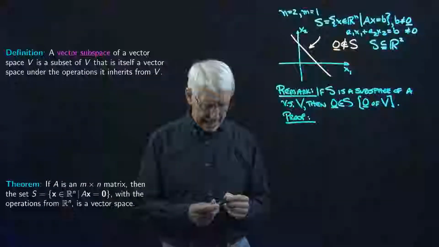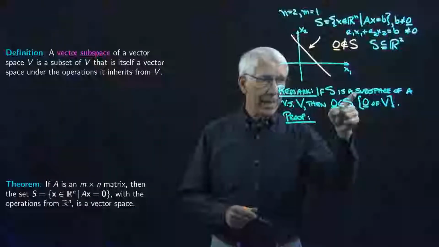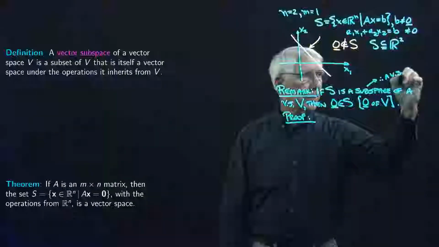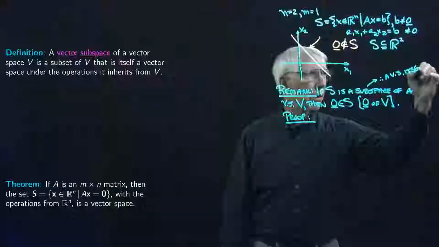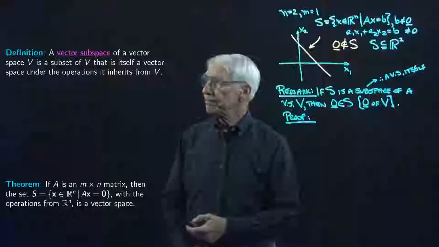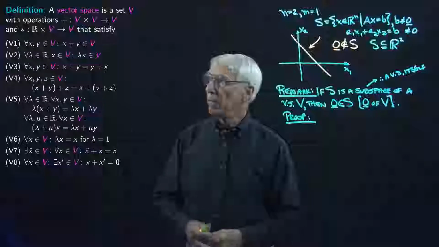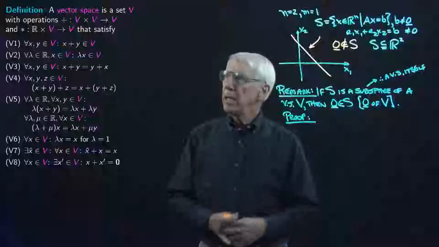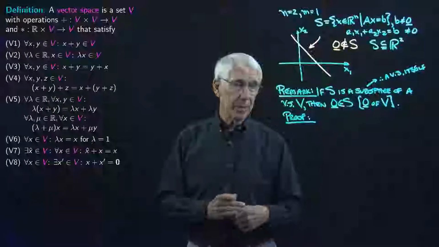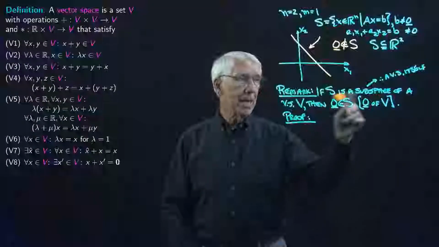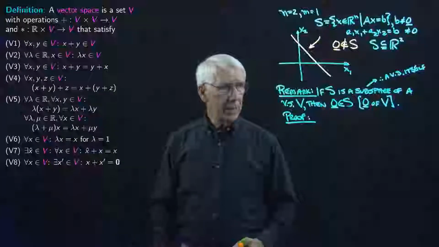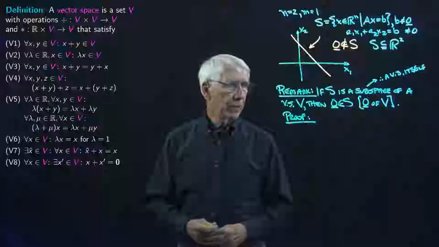Let's start by saying that if S is a subspace, therefore it's a vector space itself. Therefore, in our definition of a vector space, S can play the role of V throughout. Now, granted, there's a V here that's the parent vector space, but we're looking at the subset S and saying it's a vector space itself, so S plays the role of V in this definition over here.